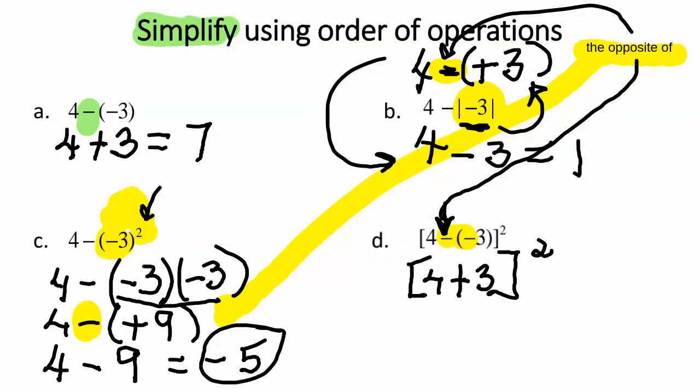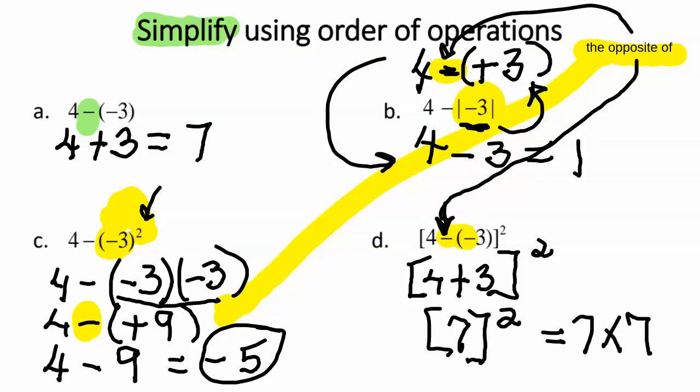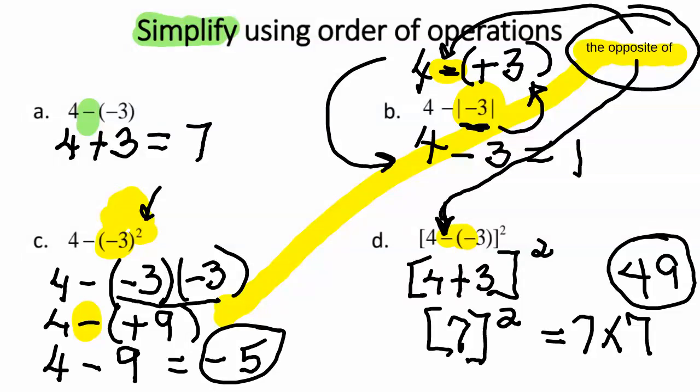Well, 4 plus 3 is going to give me 7 inside the brackets. And then I square it. That square is 7 times 7, or the answer is 49. Watch out for this phrase. It's going to be around for the rest of this course, and if you take further courses, it applies the opposite of.